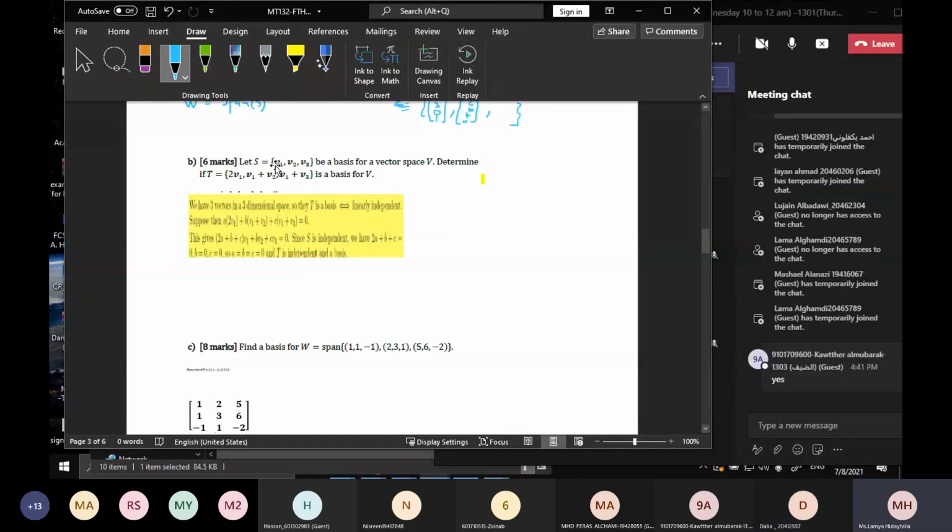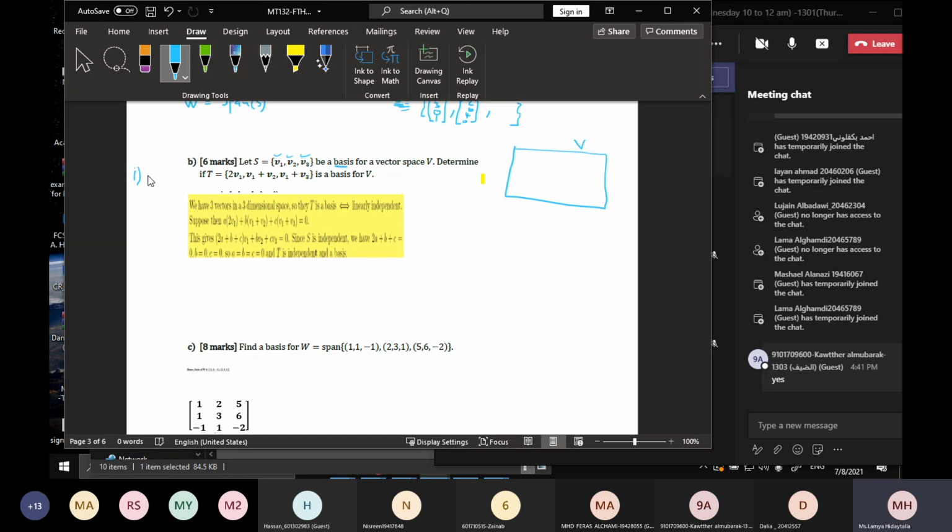Right. Now, this one. Let S equal {v1, v2, v3} be a basis for a vector space V. So I have a set and I have a vector space V, and it is generated by v1, v2, v3. Any basis has to satisfy two conditions.